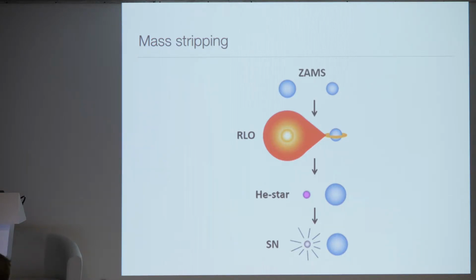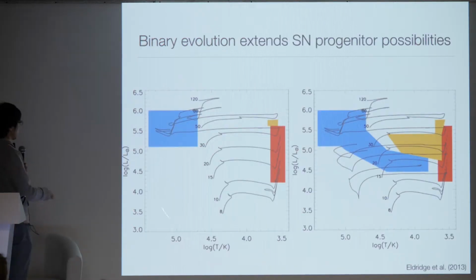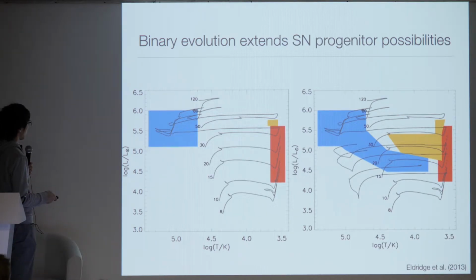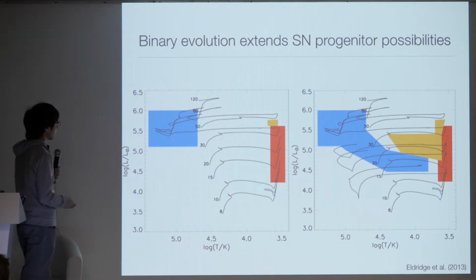So how will this change our picture? This is the simple HR diagram for single stars, and the stars will die in this region. Lower mass stars will end up as red supergiants, and they will die in this region. And if the mass is larger, then they will die in this region as Wolf-Rayet stars.